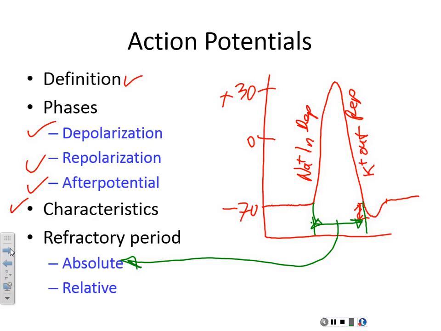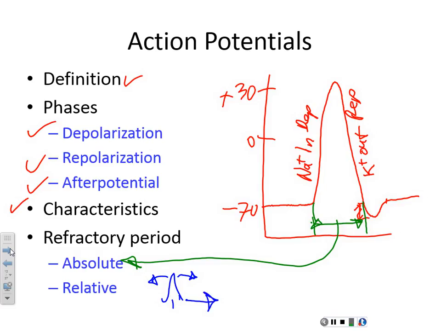Okay, because when an action potential happens on a particular part of the membrane, it will generate a current that's sent forward and a current that's sent backwards, because the current will just go around it. So if this part of the membrane going through the action potential is in absolute refractory period, this current is not going to be able to generate anything here. It will only be able to generate current in front of it, when nothing is happening, so that the action potential only goes in one direction.